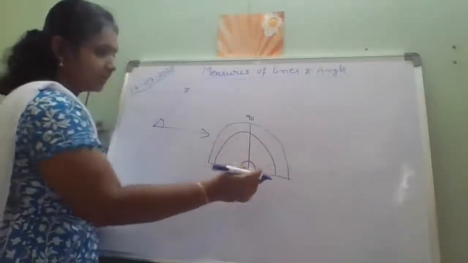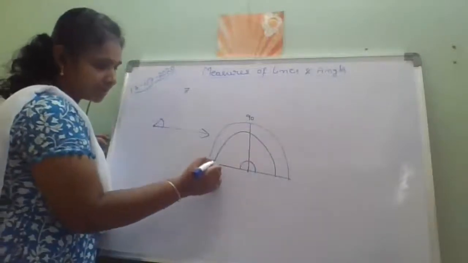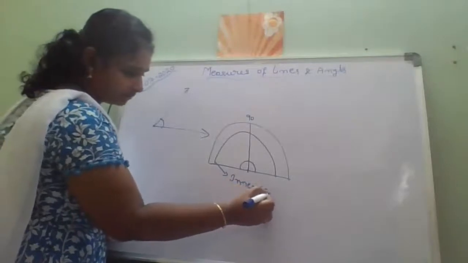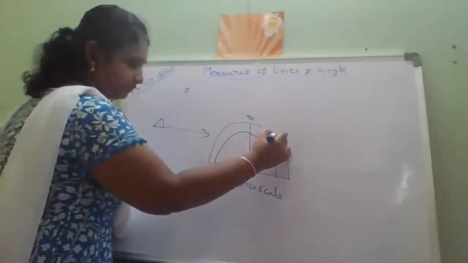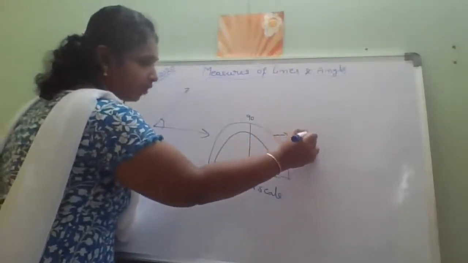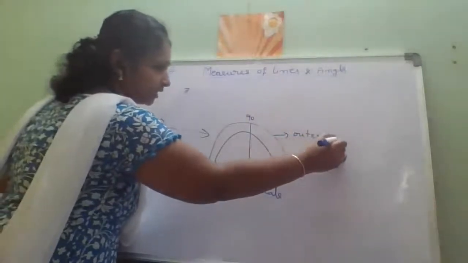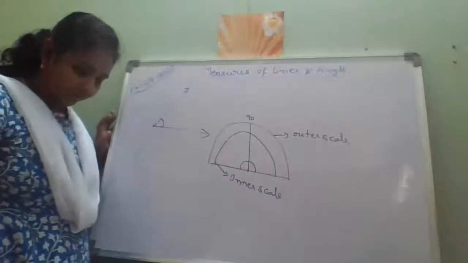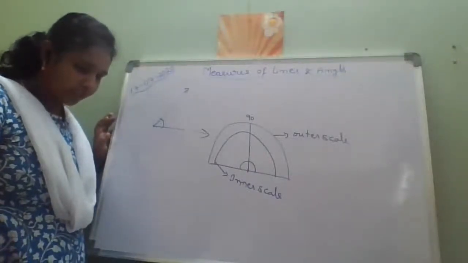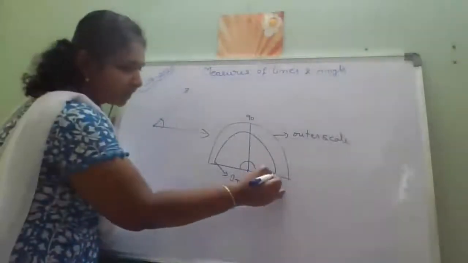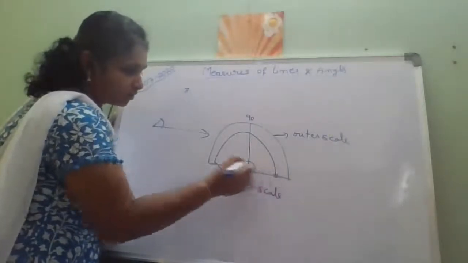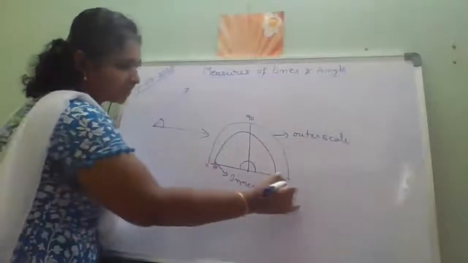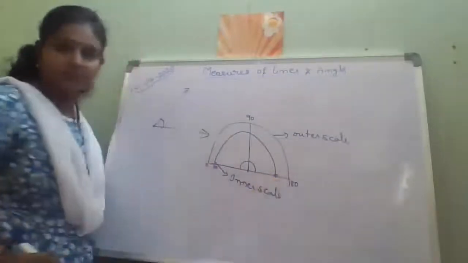This is the inner scale, and this is the outer scale. In the inner scale, here 0 to 180. In the outer scale, here 0 to 180.